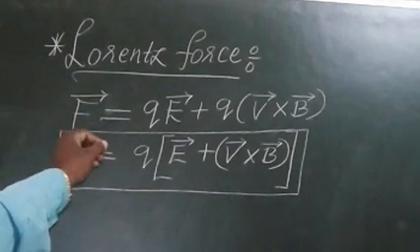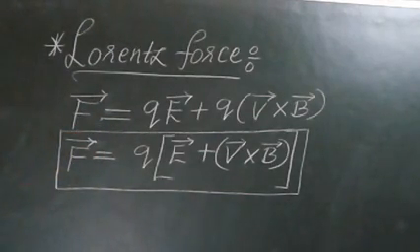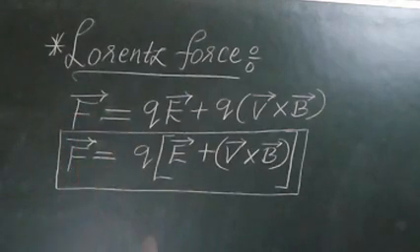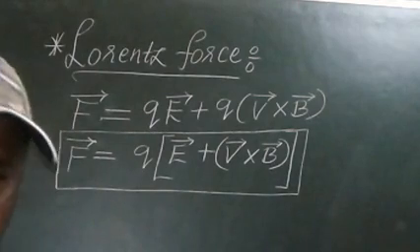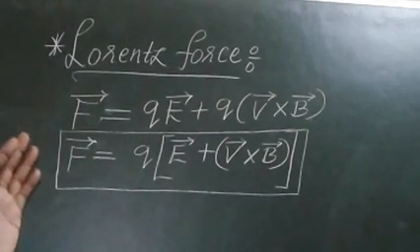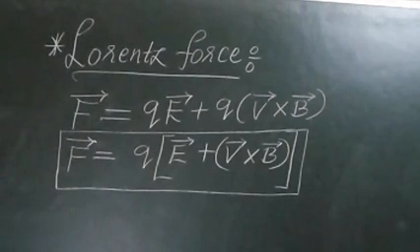So the concept is Lorentz force acts on the particle only when the particle moves at right angles to the given magnetic field. This is the first point. Lorentz force is 0 if parallel, 0 degree, or anti-parallel, 180 degree. So the particle must move at right angles to the given magnetic field.